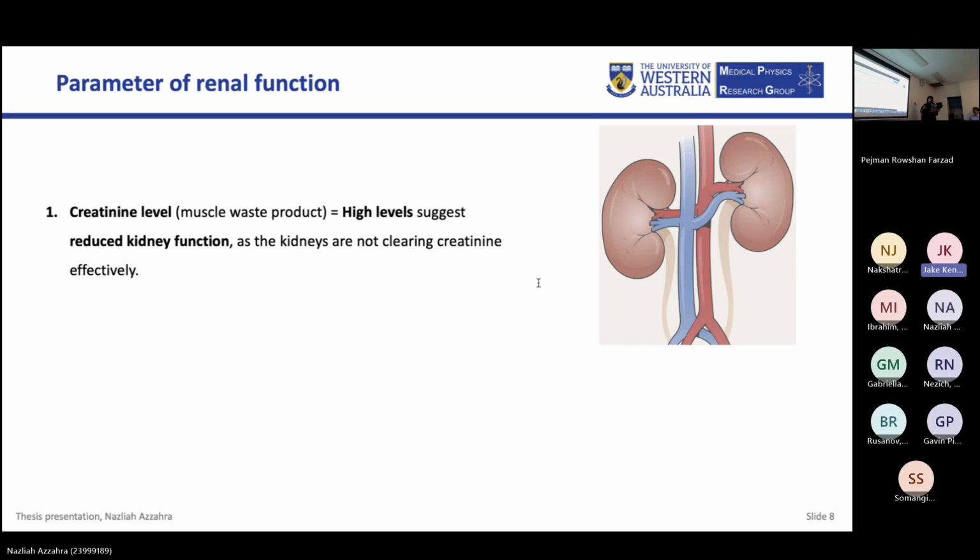But there is a downside to this parameter, because it is a muscle-related product, so it strongly depends on muscle mass. People who are more muscular, or consuming creatine supplements, may have a higher creatinine level.